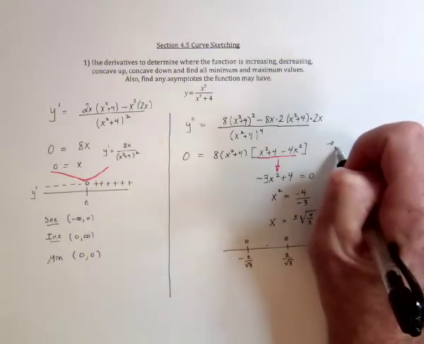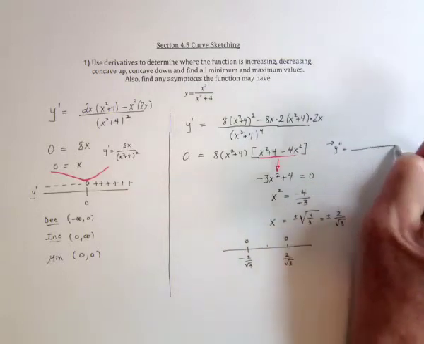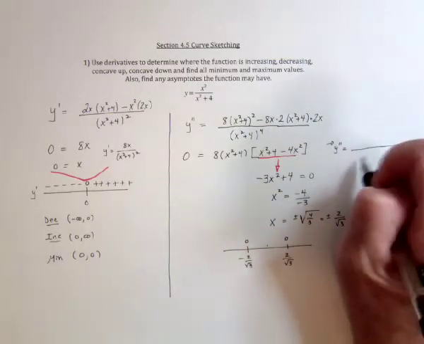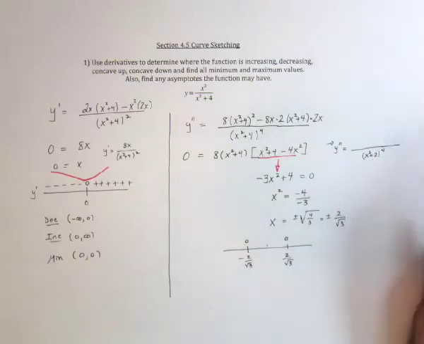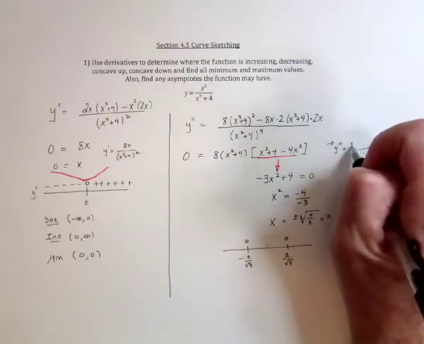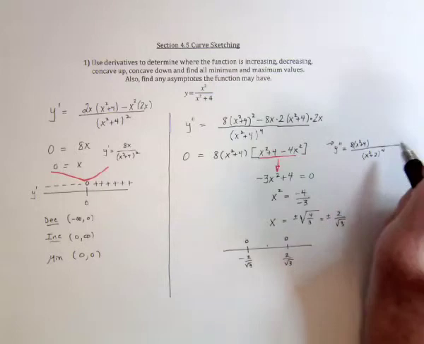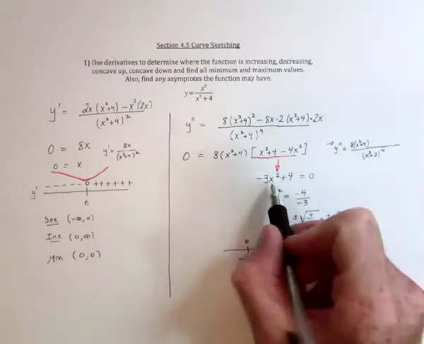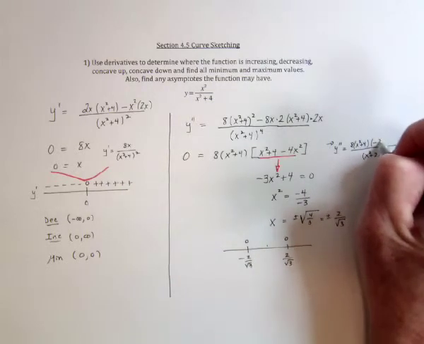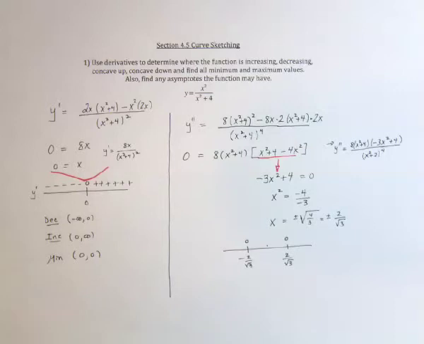So it turns out that the second derivative has x squared plus 2 to the 4th for the denominator, so that's positive no matter what. And then it's got 8 times x squared plus 4 right there, which is positive no matter what, times this thing, negative 3x squared plus 4.